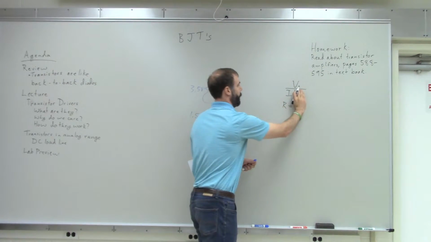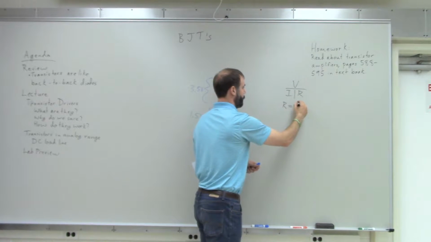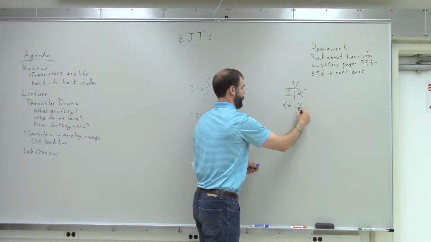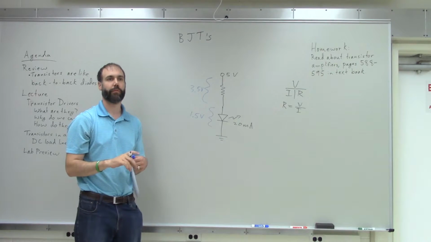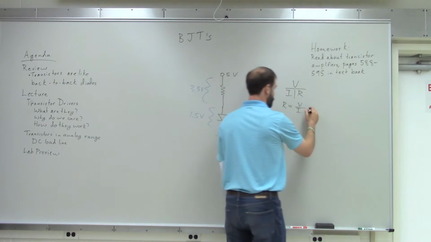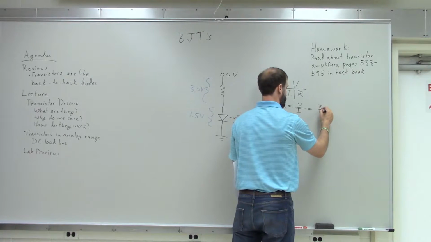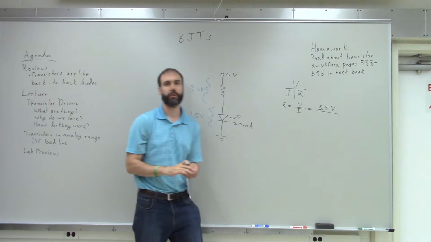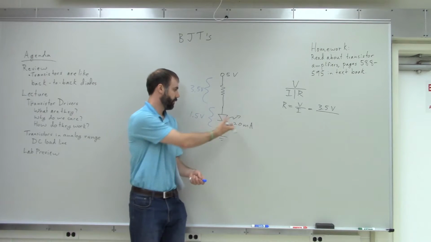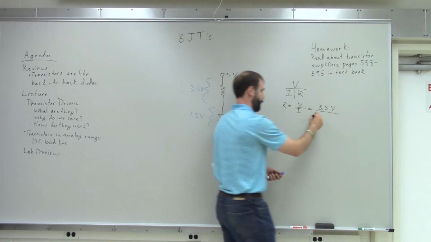So we cover that up. We see it's V over I. So in this case, what's our voltage? 3.5 volts. And what is the current that we want? 20 milliamps.